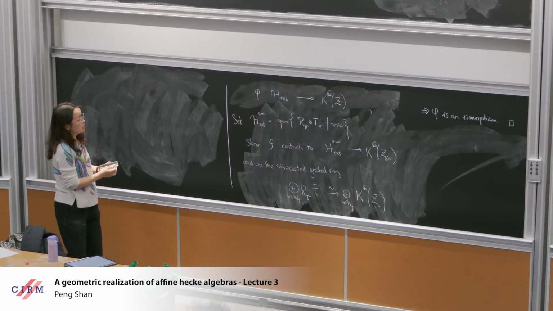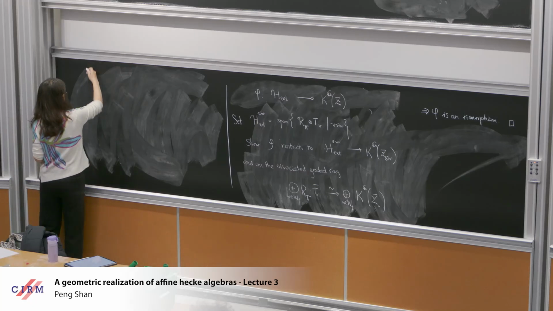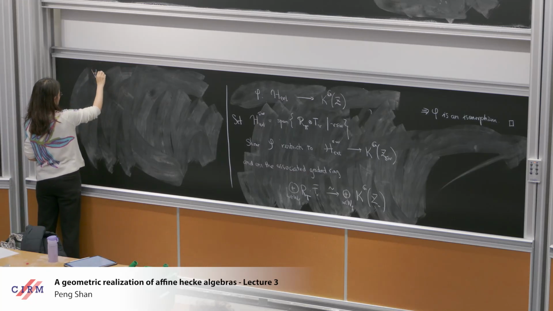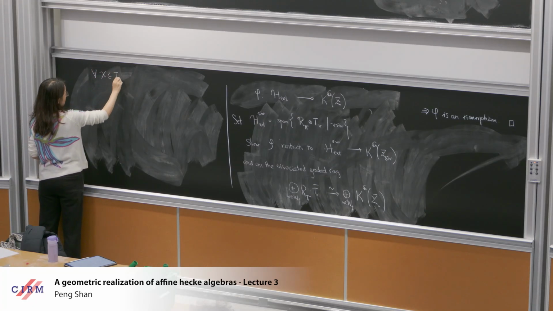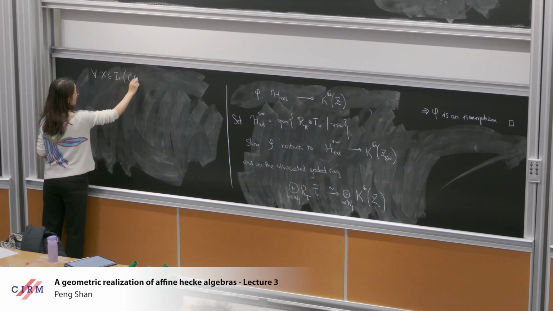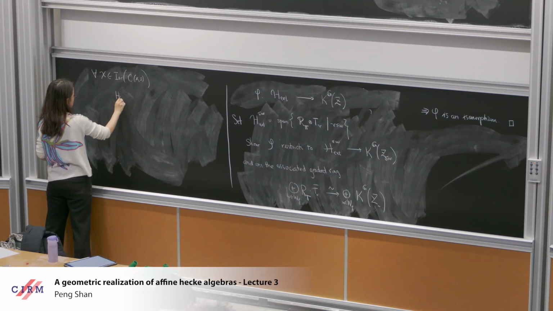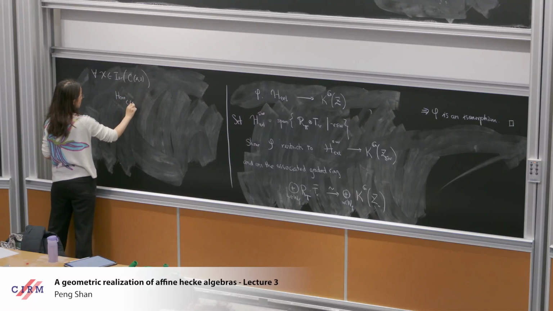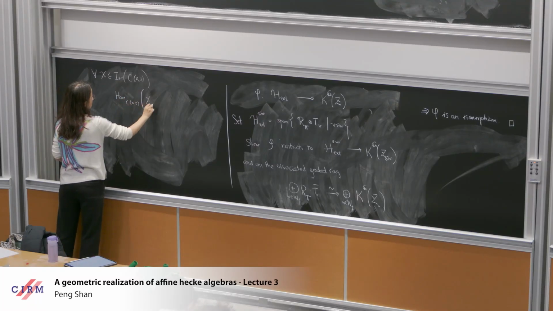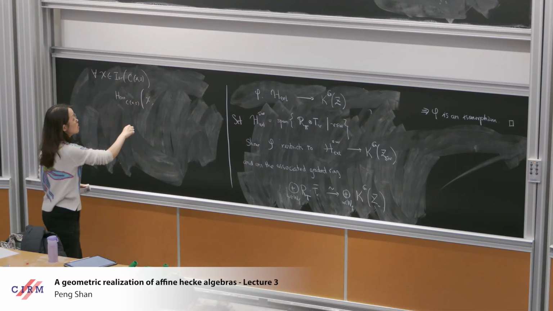So now, for any irreducible representation of this component group, you can take its multiplicity space inside that Borel-Moore homology.